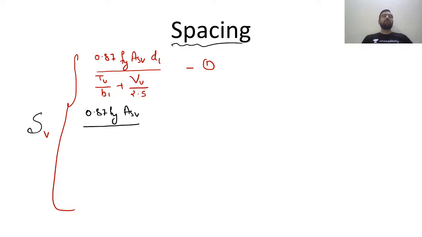In the earlier case, when spacing was too far, in that case you have to decrease, okay, and here you have to increase the Asv value. Is it clear? So it is tau Ve equivalent minus tau c into b. Okay, one more clause was there.